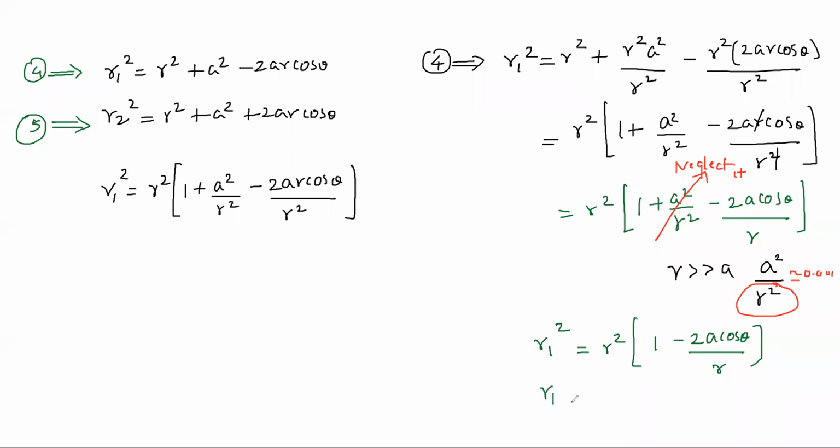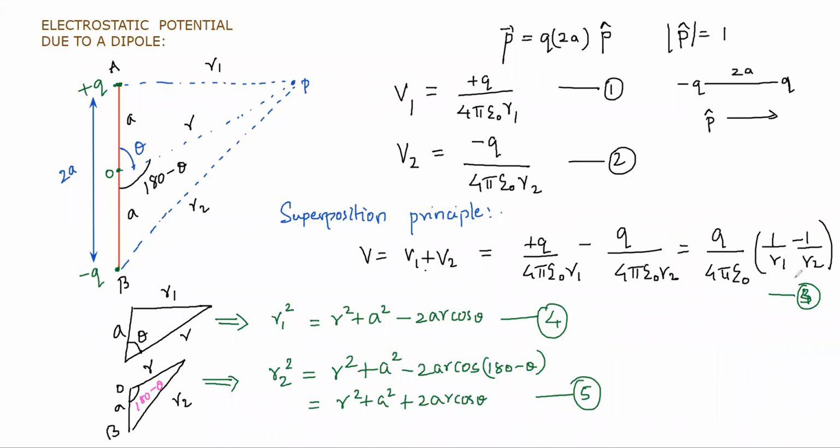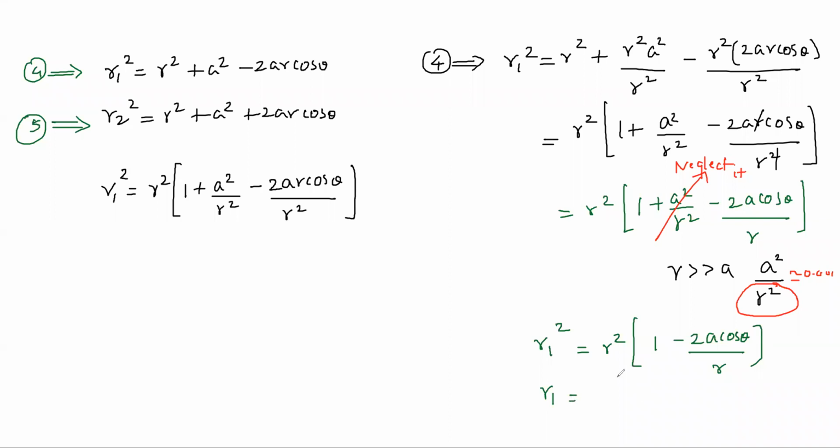We need r1 because our potential expression contains r1 and r2. So r1 equal to the square root of r square into 1 minus 2a cos theta divided by r. You have a square here, you can take it outside.